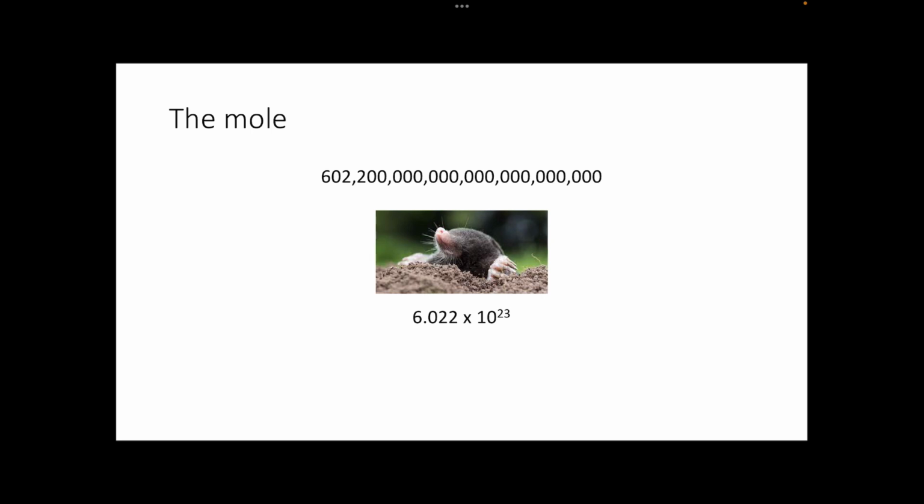All right, and then of course there's the mole. We've talked about the mole before. If you remember, it's the number of molecules in a balloon of gas, a 22.4 liter balloon specifically, and it's 602 sextillion. So it's a really, really big number. Or you can write it as 6.022 times 10 to the 23rd.